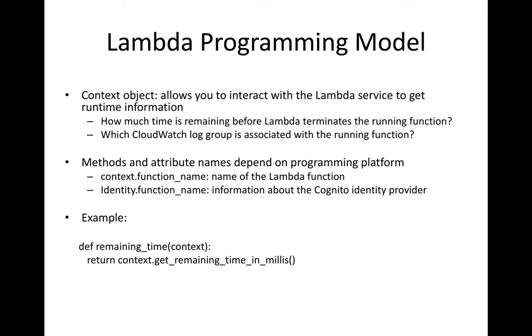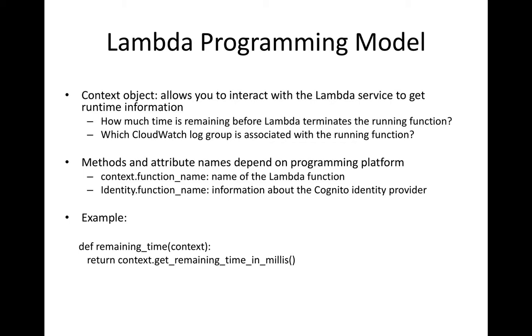So for example, your Lambda function can only run for a certain amount of time before it will be automatically terminated. And at the time that this video was recorded, that maximum amount of time the Lambda function could run is 5 minutes. After 5 minutes, AWS is going to terminate the execution of that container environment.